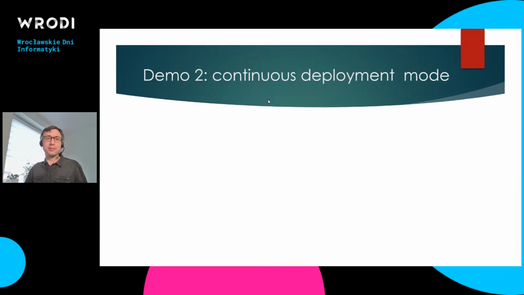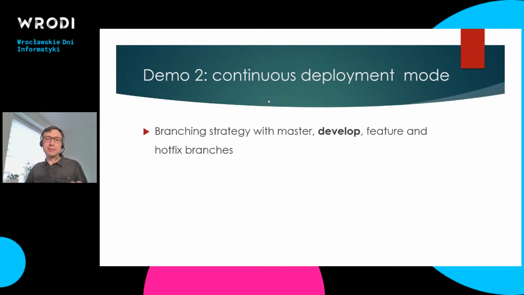The second example is a bit more complicated because the branching strategy is a bit different. So besides the master and feature branches, it also has develop. To be honest, this is quite a popular approach, at least from my experience.